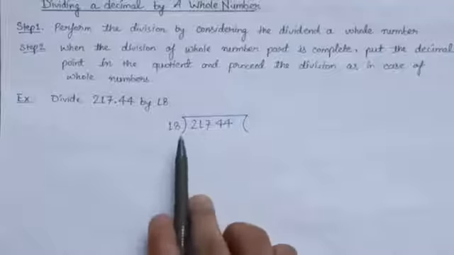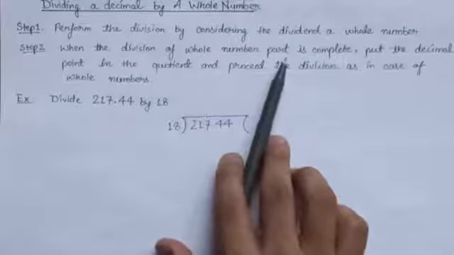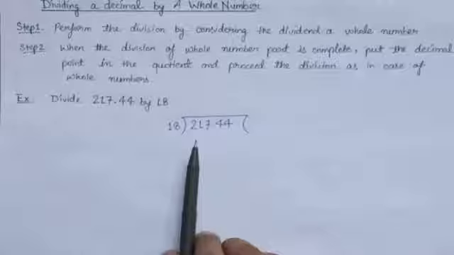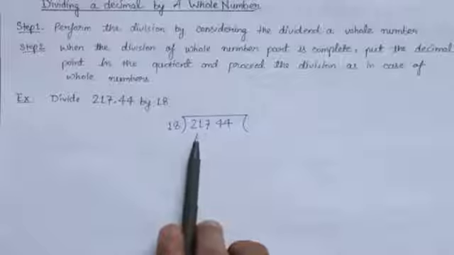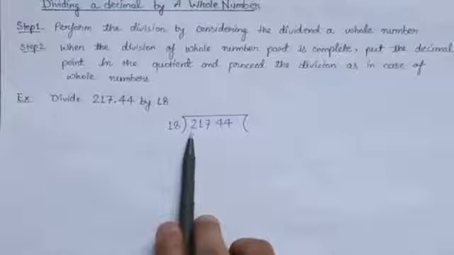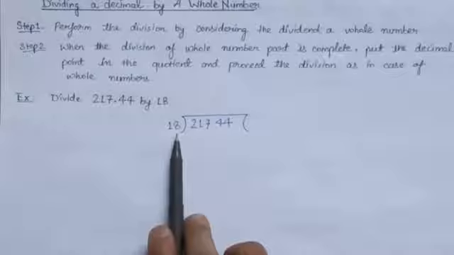First we have to divide the whole number part of the dividend. The whole number part of the dividend 217.44 is 217. So first we perform the division of 217 by 18.